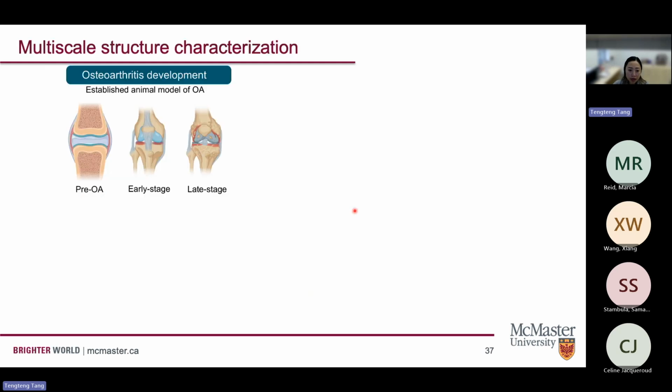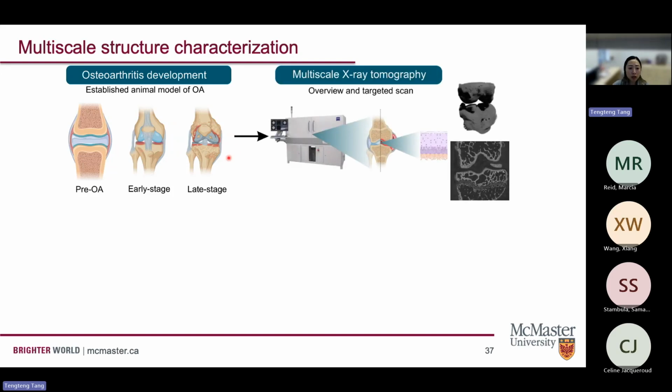So the plan here, and what we have recently started at the CCEM, is to utilize some established animal models where we can observe the progression of the OA, so that we can start with the overall view, utilizing the XRM to scan the entire knee joints at different stages of the OA.